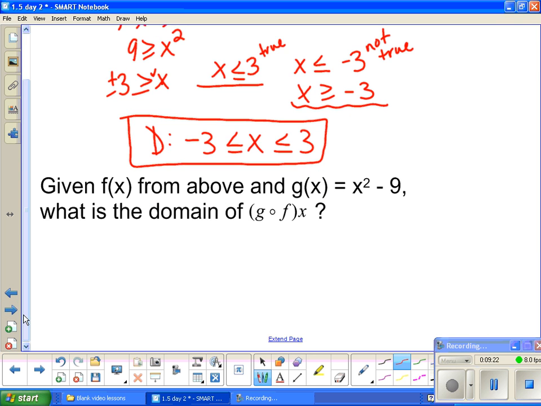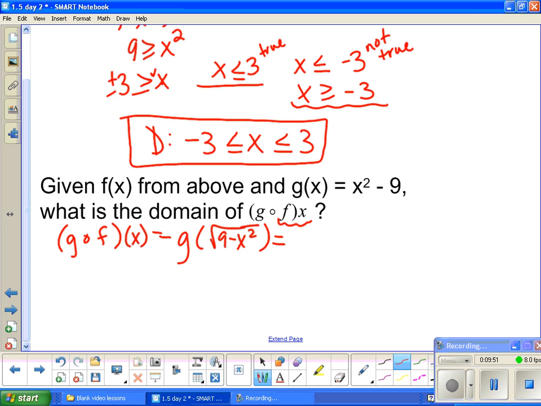So when I come down to doing the composition, if I'm going to put f of x into g of x, let's do that composition. g of f of x is the same thing as g of the square root of 9 minus x squared.